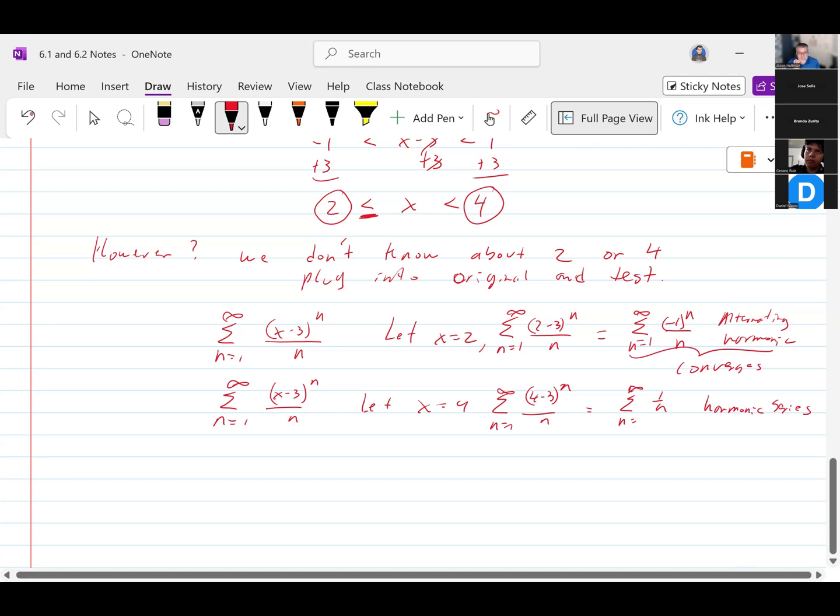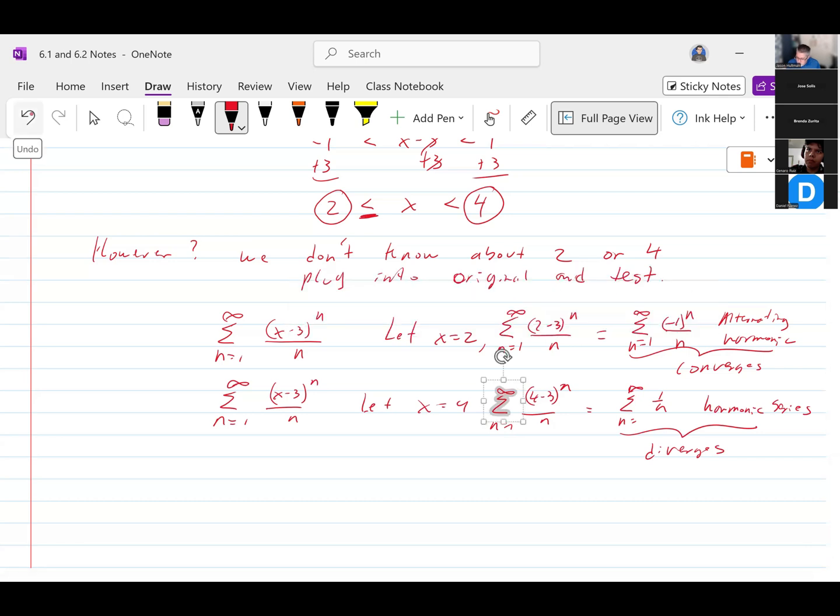Does that converge or diverge? That's the one that diverges. Yes, this diverges, always diverges. The harmonic series diverges.